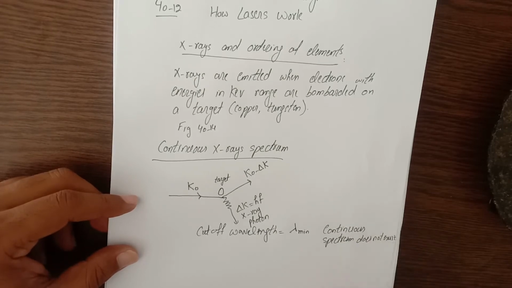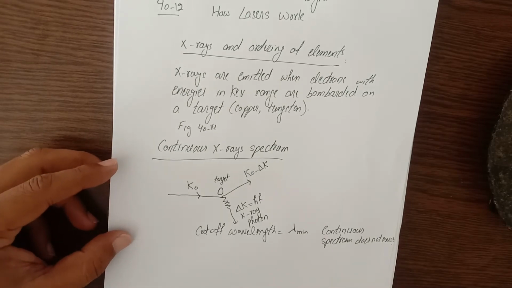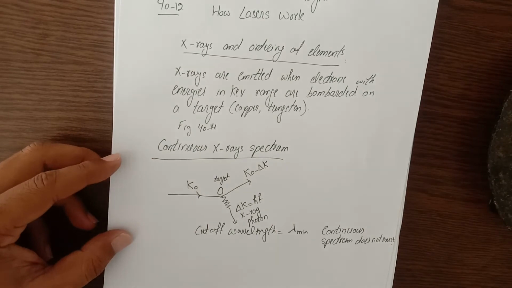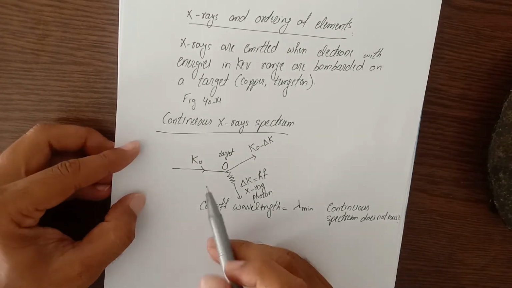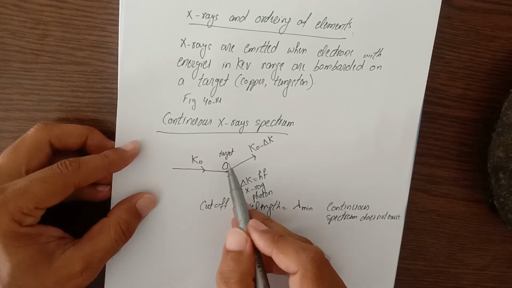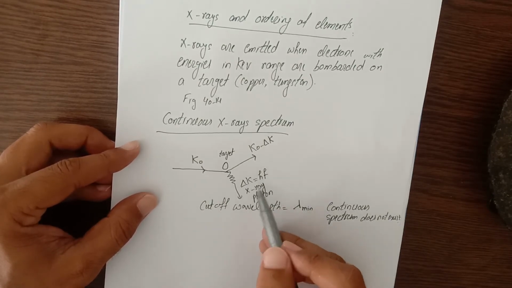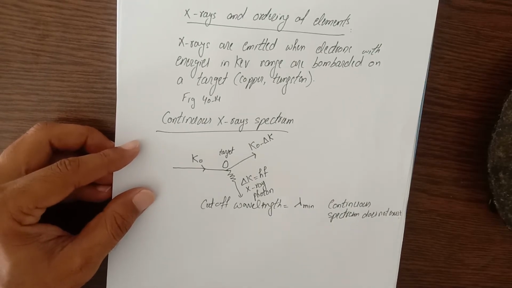Now we want to find out this lambda minimum. To find it, we say that the electron strikes a target atom and loses all of its energy in the form of delta K, so the electron would be stationary after this point.